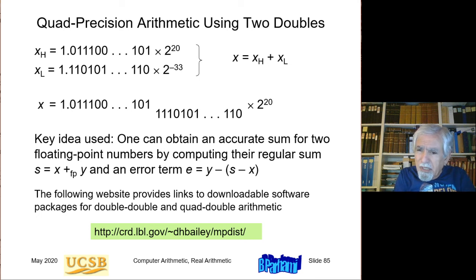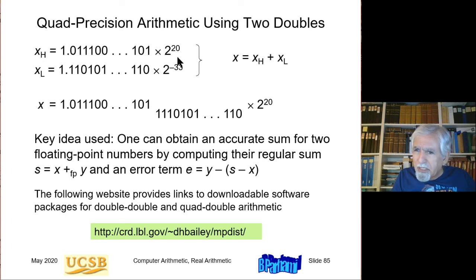There is this very interesting package, helpful package, available at this website. You can download it for free and learn about it on this website, that represents each floating point number using 2 floating point numbers in order to increase its precision. So in this example, x, which has a lot of precision, is broken down into 2 parts, the high part, which is this number, and the low part, which is this number.